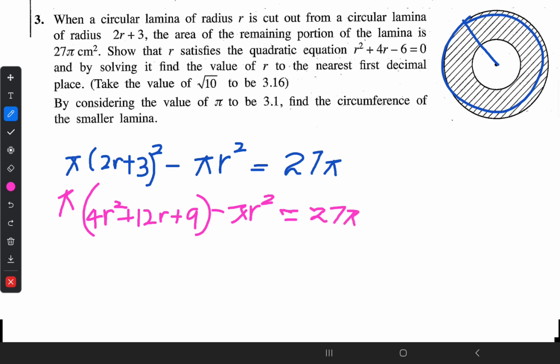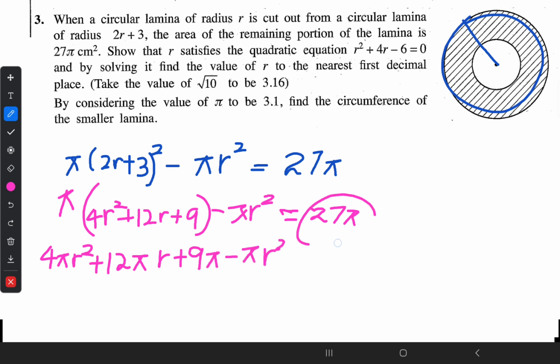Then I'll expand this bracket using the pi: 4 pi r squared plus 12 pi r plus 9 pi minus pi r squared. I'll bring the 27 pi also to the left side, from right to left. Minus 27 pi equals 0.